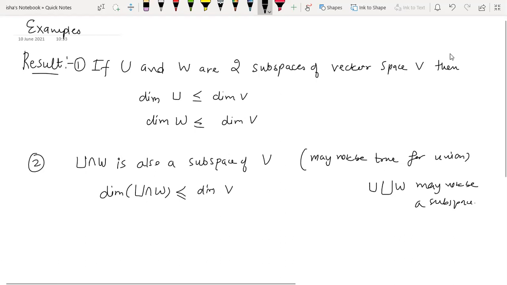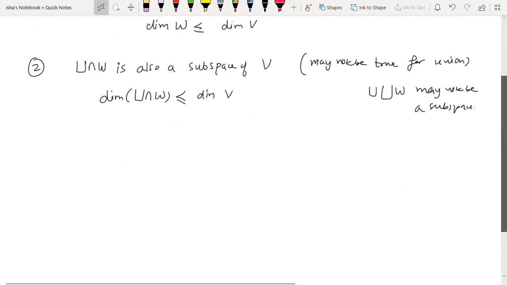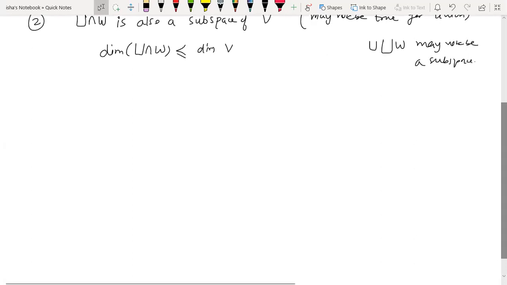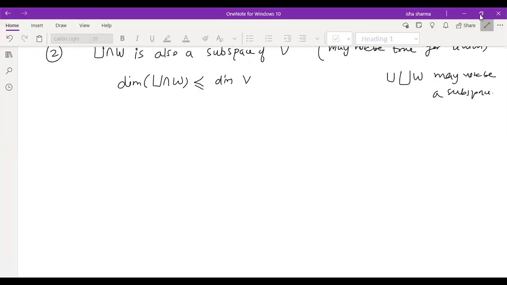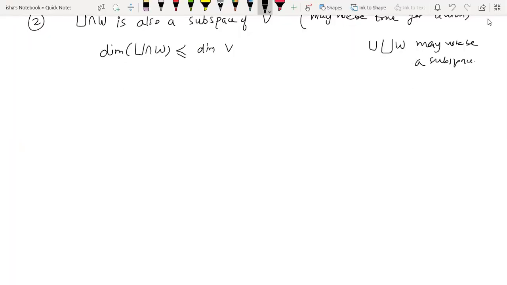Now let us do one question in which we are supposed to find basis and dimension. What were the kind of questions we discussed in the previous class? In the previous lecture, I told you that you will be given the vector space and you will need to find whether a particular given set is a basis or not.